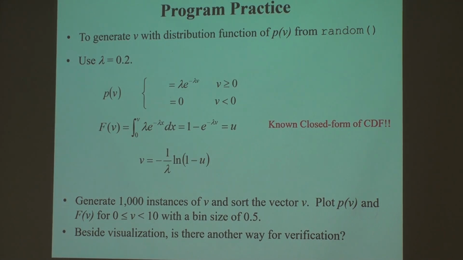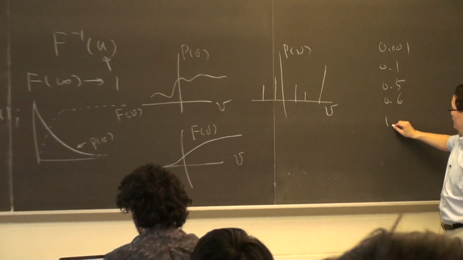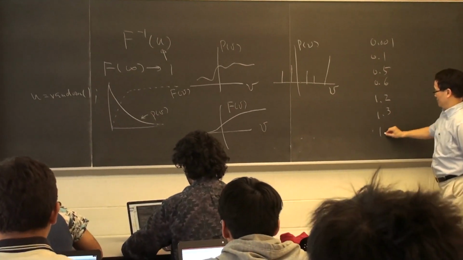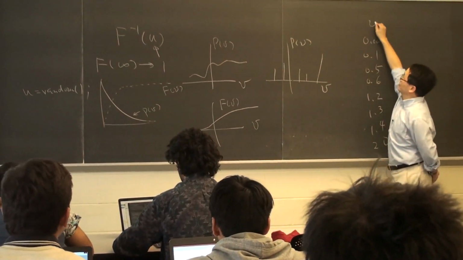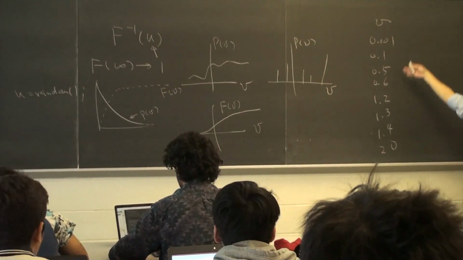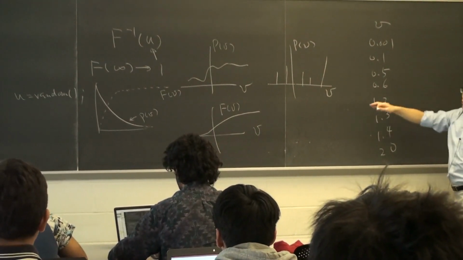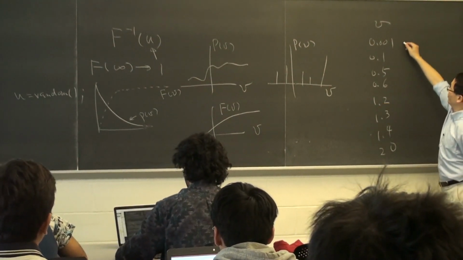So after the very simple transformation, the 1000 V you get after sorting may look something like this. This is the thousand instances after sorting. Then you do the binning.